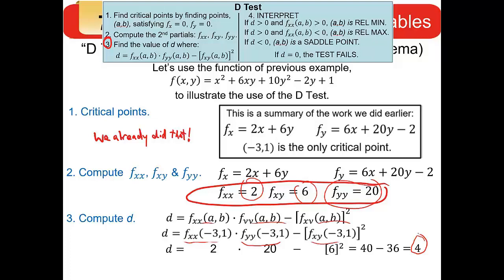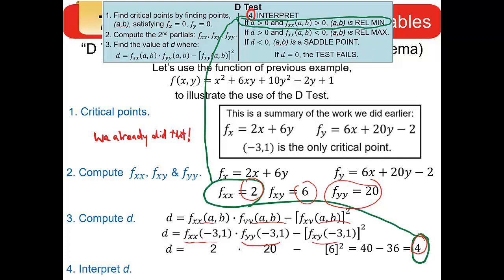You just look at the value of d, whether it's positive or negative, and if it's positive, you look at the second partial with respect to x, the xx one. So if you look back at this, d came out to be 4. That's a positive value. If d is positive, then you've also got to look at the xx second partial and see if it's positive or not.